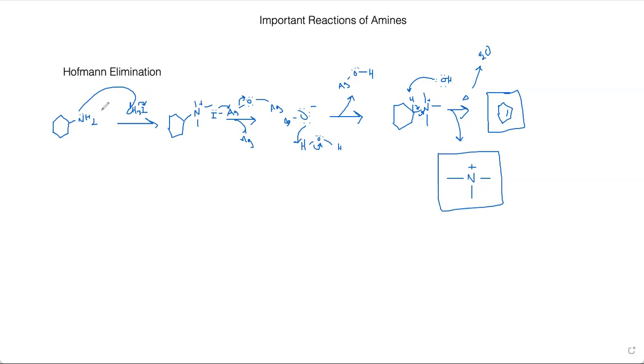And all of that came from this quaternary amine that we created through the alkylation of that primary amine in the first step there. And then again, our reagents are silver oxide, water, and heat. And then we produce water in those two other products. All right.